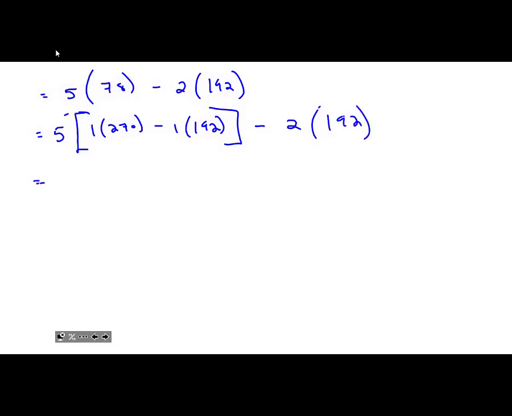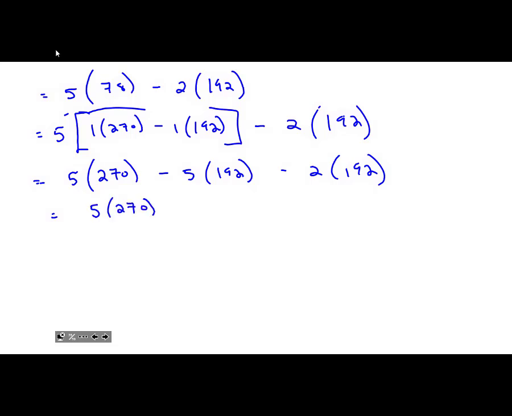Okay, well, let's distribute this 5 in. So 5 times 1 is 5. So 5 copies of 270. Subtract 5 times 1 is 5 copies of 192 minus 2 copies of 192. That's 5 copies of 270 minus 7 copies of 192.